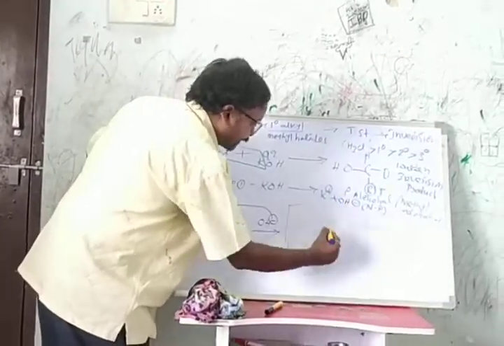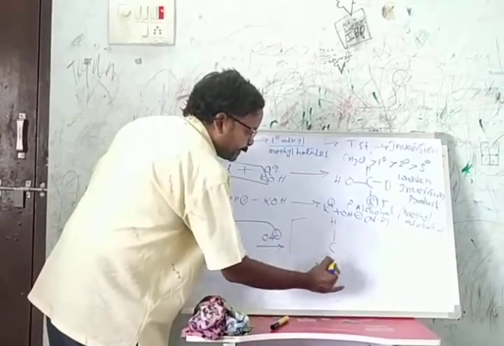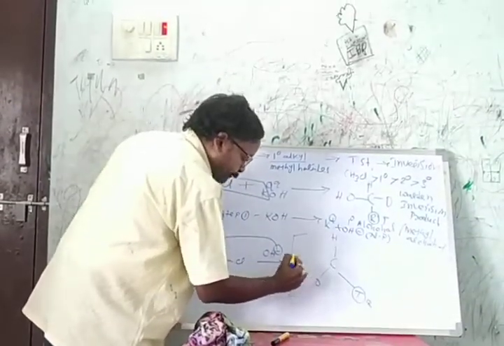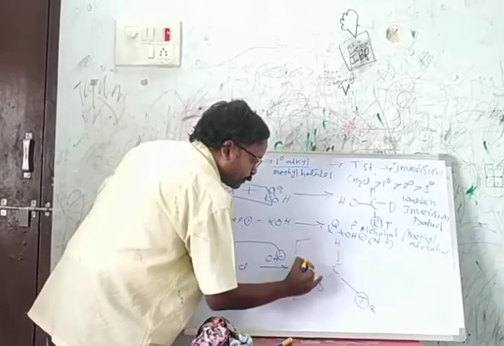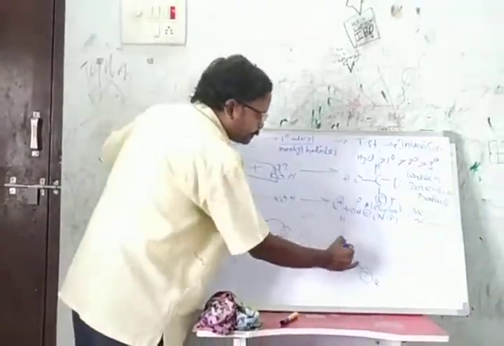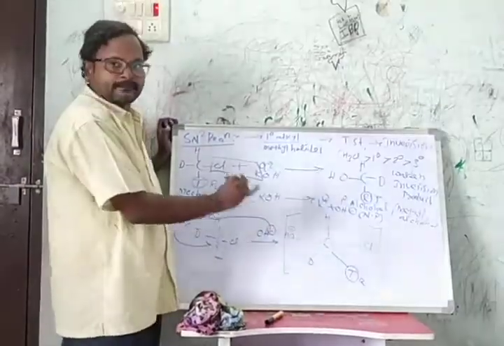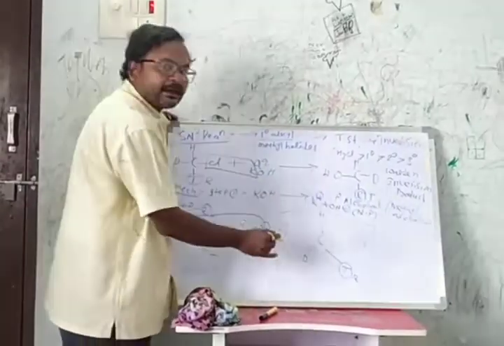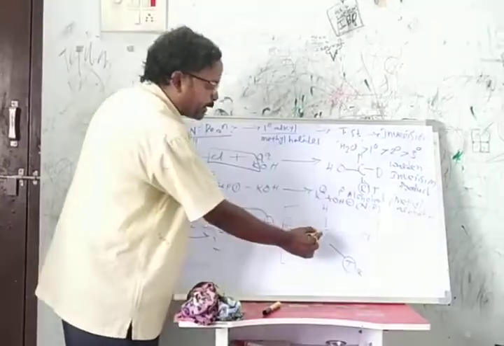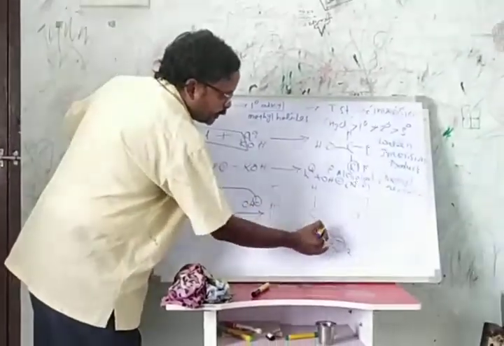The system appears like this: carbon, hydrogen, D, and T or R. When the OH minus ion reaches the carbon from the back side, the chloride ion leaves. This appears as one transition state in which carbon is attached to 5 atoms: 1, 2, 3, 4, 5.